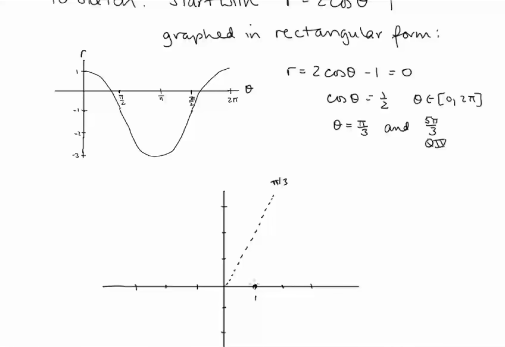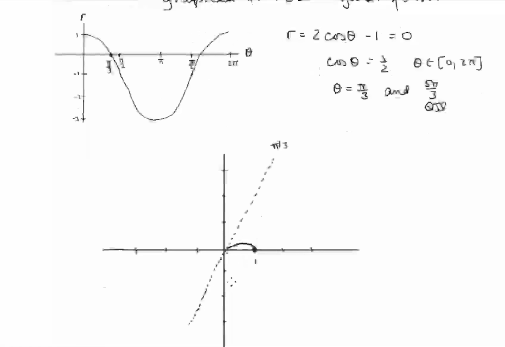So for angle values in here we have negative radius values, which means we'll be in here, and at pi over 2 we have a radius of negative 1.